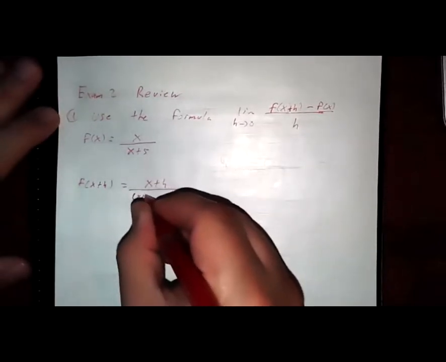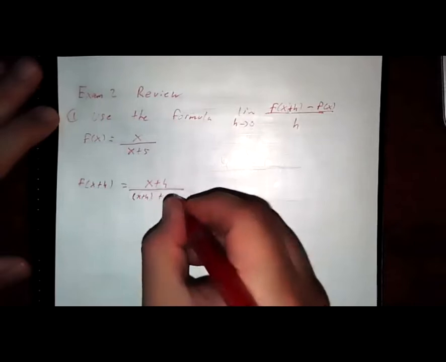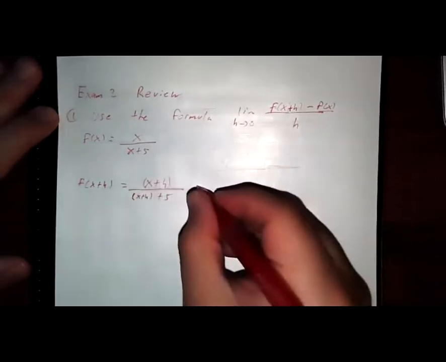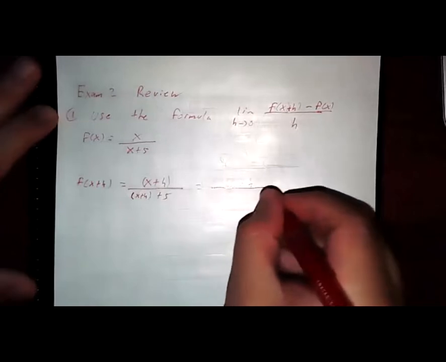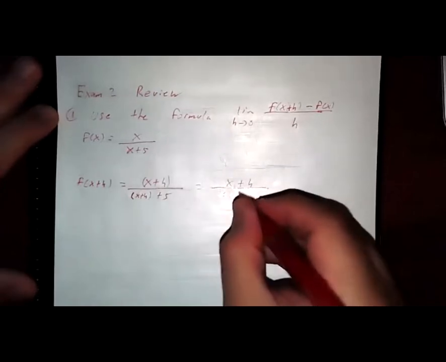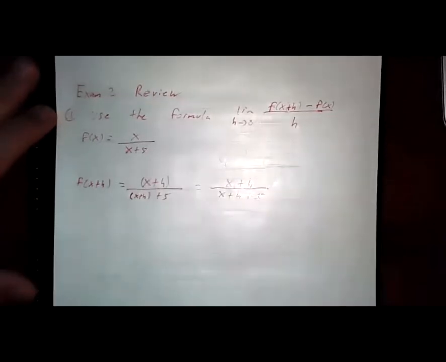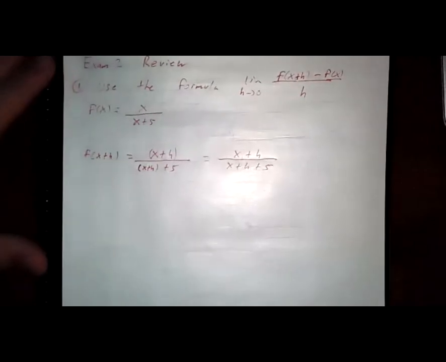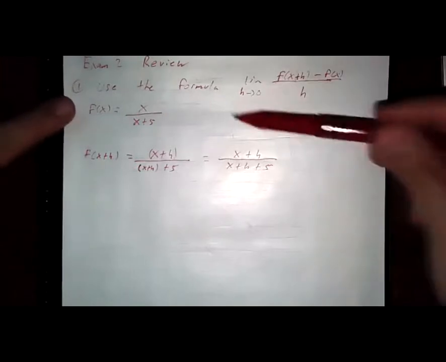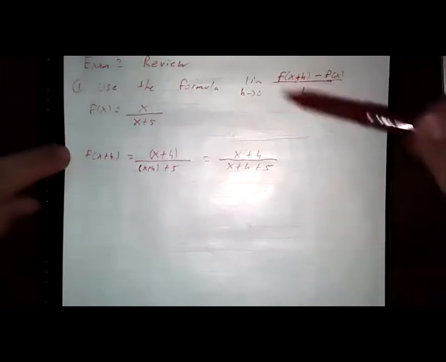I'm going to put parentheses to show that I plugged it in, not that it does anything, right? All right, so now we have f and we have f of x plus h. So now I just put it all together.